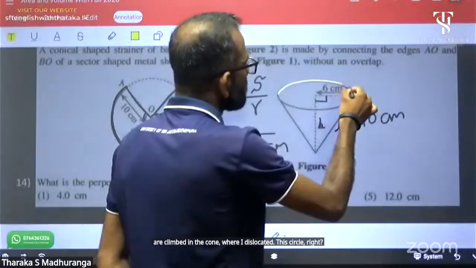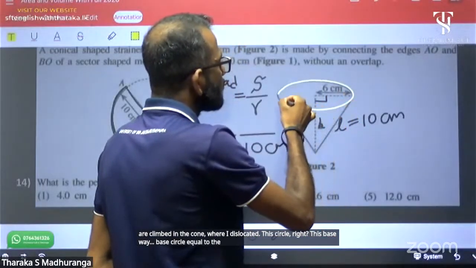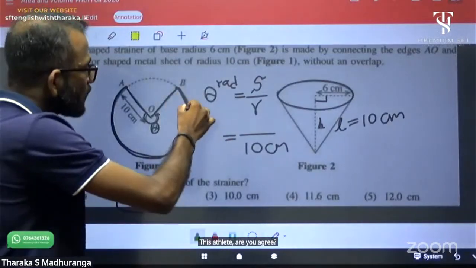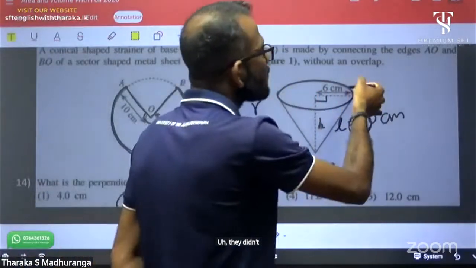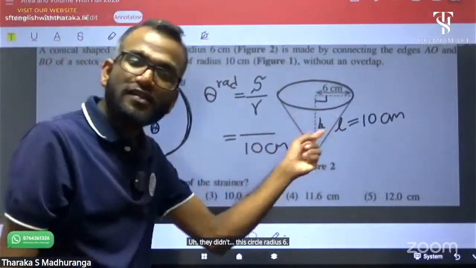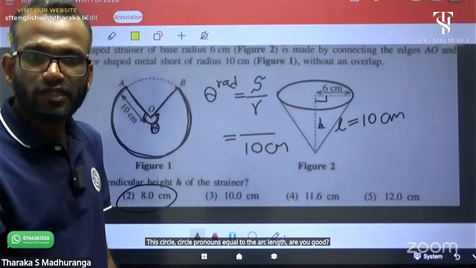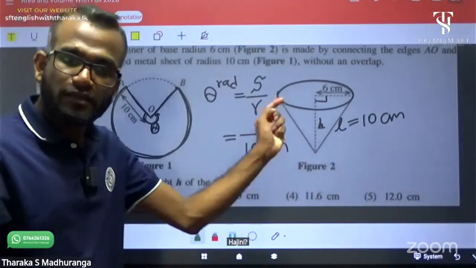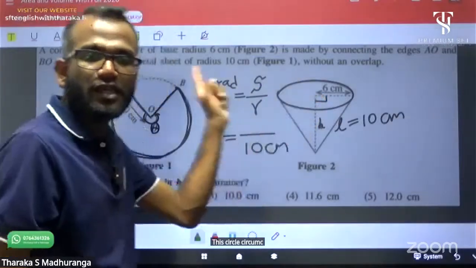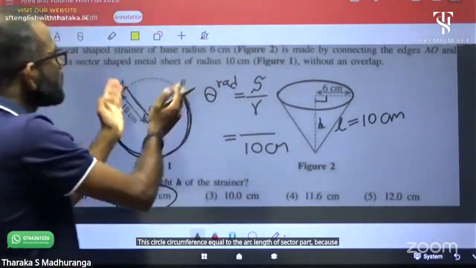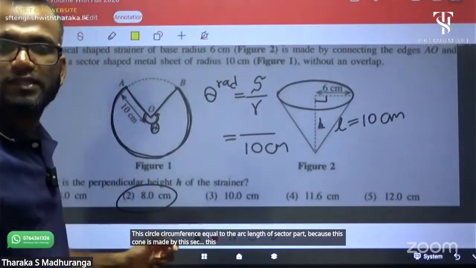This base circle is equal to this arc length, are you agree? Then this circle radius 6. This circle circumference equals the arc length of the sector part, because this cone is made by this sector.